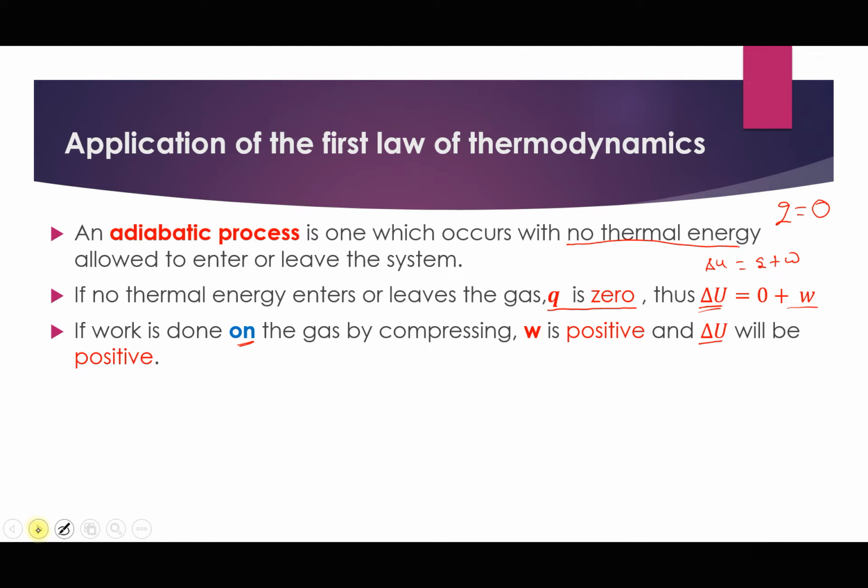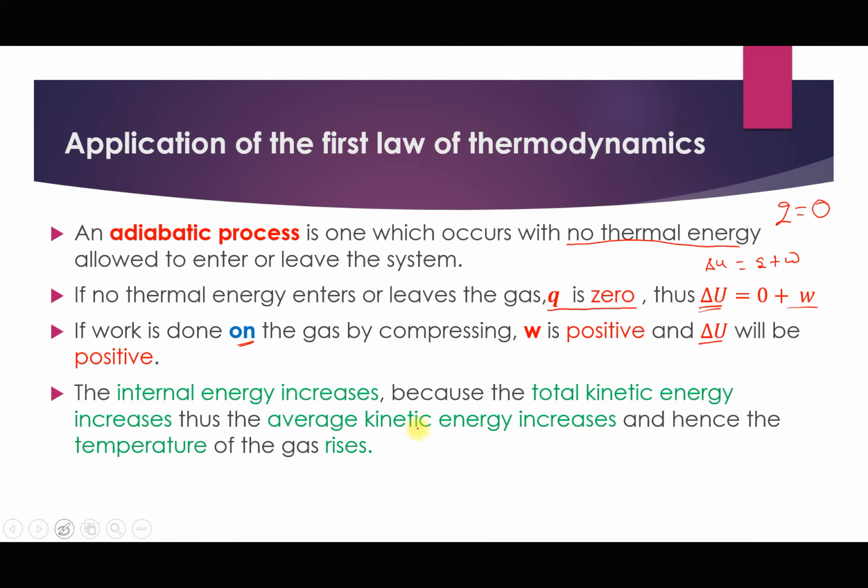But for this particular case, the internal energy increases because the total kinetic energy of the molecules increases. Thus, the average kinetic energy of the molecules increases, and hence the temperature increases. So, if the gas is ideal, we can easily obtain the internal energy of the gas by considering the total kinetic energy of the molecules, Ek times n, where n is the number of molecules, and this is equal to 3 over 2 kT times the number of molecules.